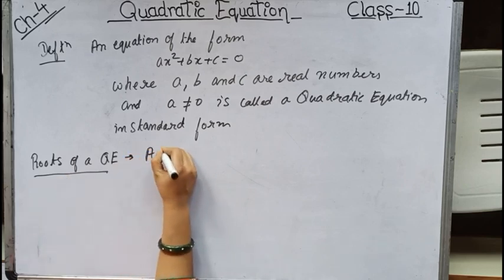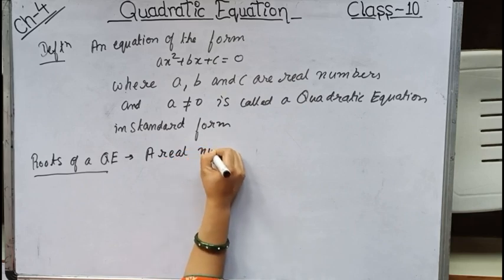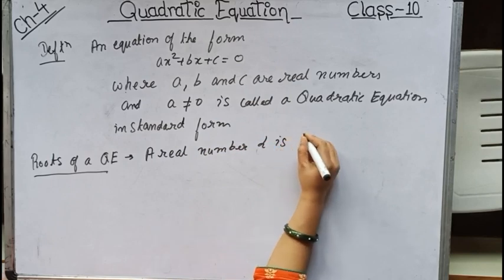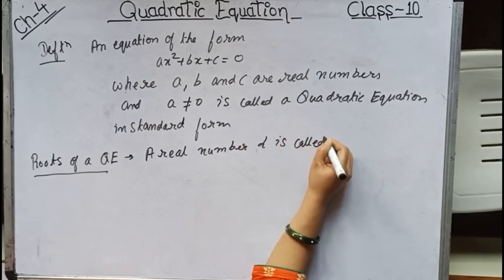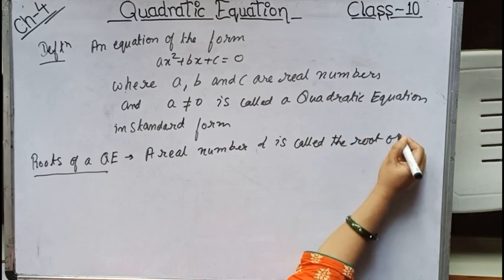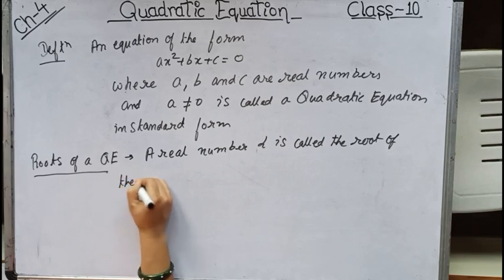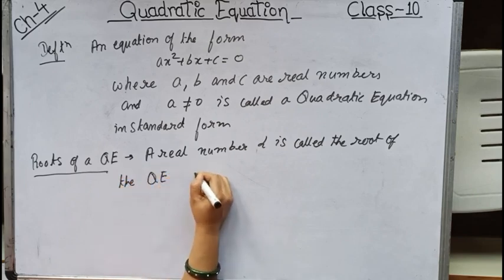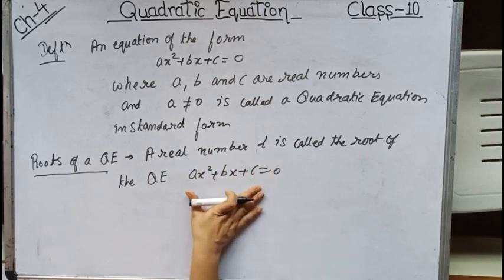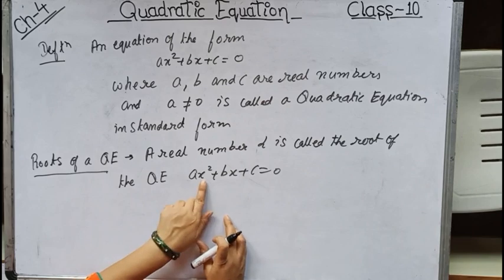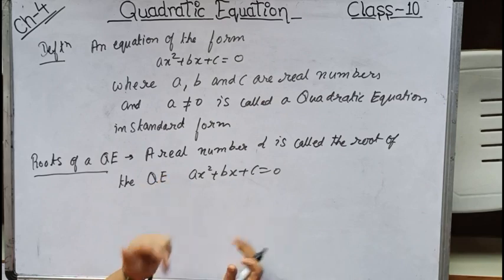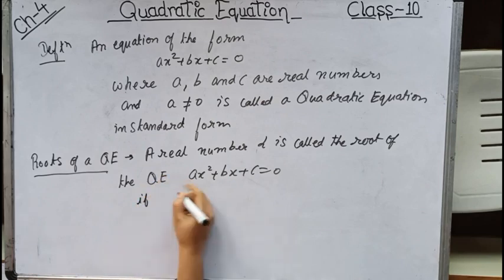So a real number, let us suppose alpha, is called the root of the quadratic equation ax square plus bx plus c equals to 0 if, I think you know, in place of x if I put alpha and then that equation, that value is equals to 0, then obviously it is a root of the given equation.